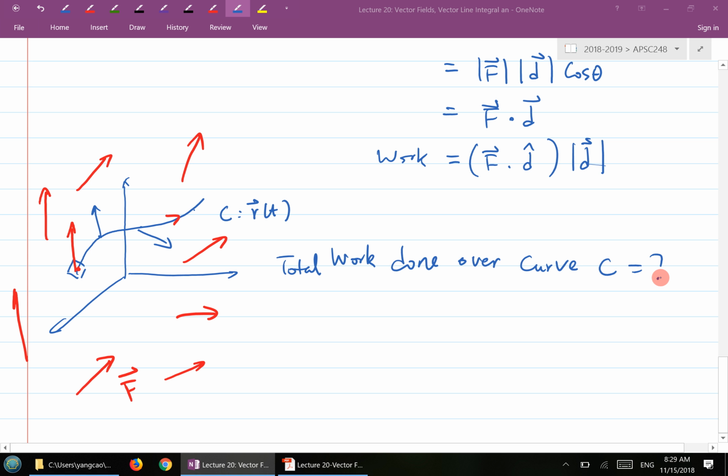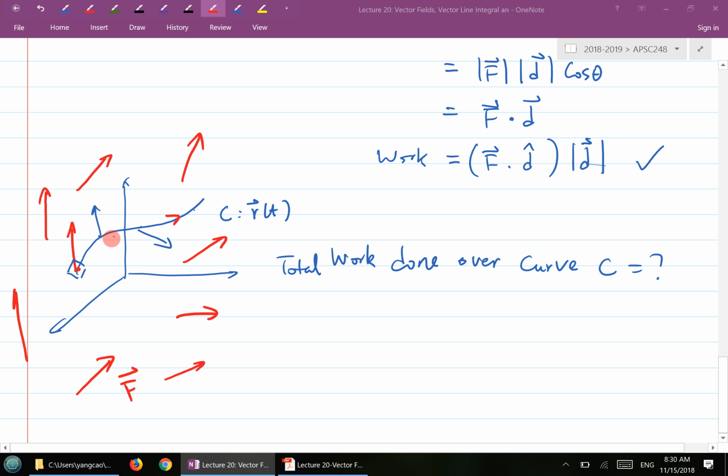Okay, so let's derive this formula here. And we're going to make use of this simple concept we have just derived. So what I'm going to do is use the approximation approach as we always did in previous lectures.